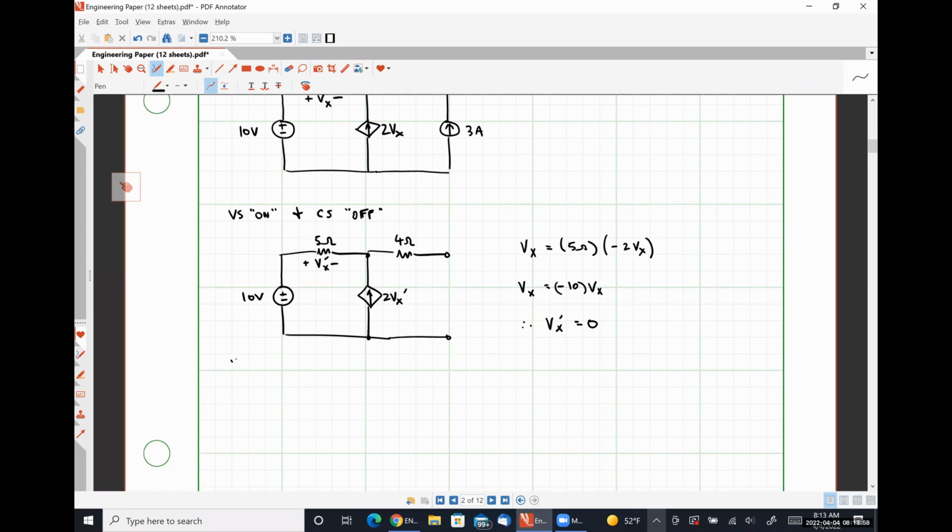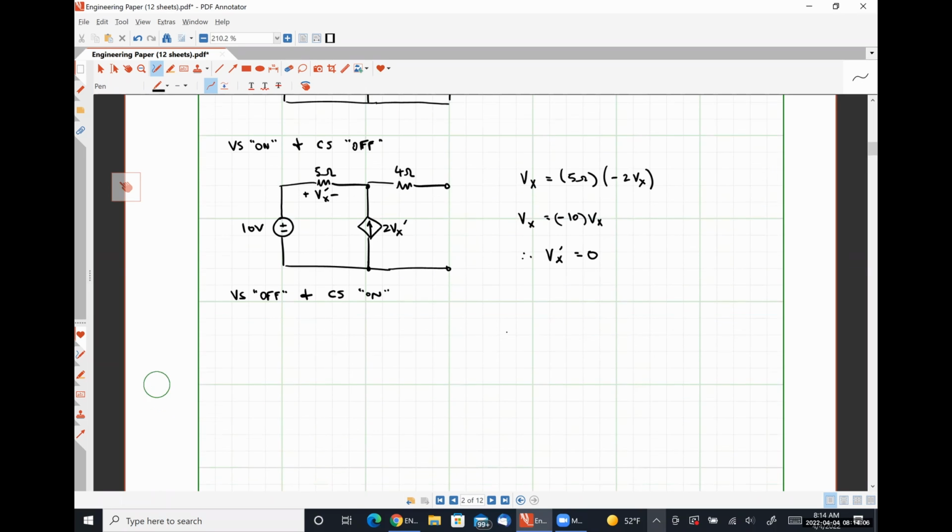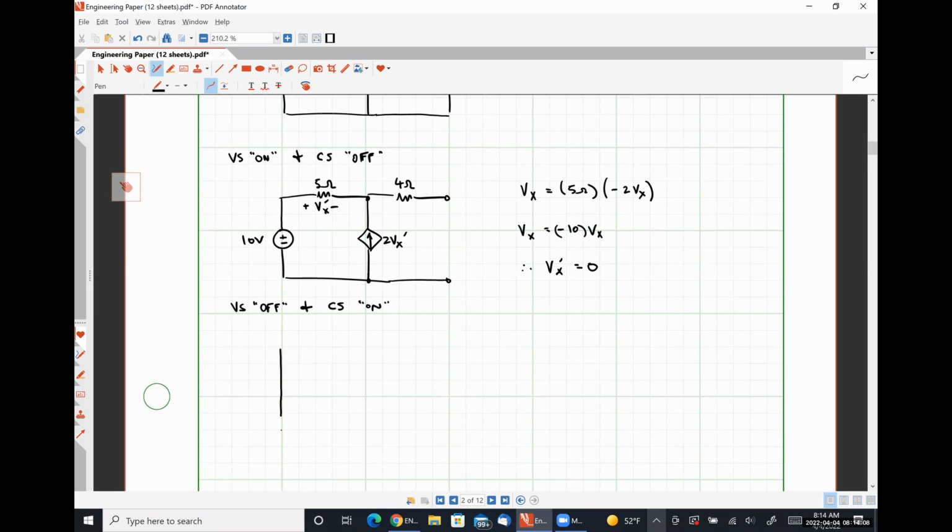With the voltage source off and the current source on, our 10-volt source would look like a short circuit. Here's our 5 ohm resistor, and let's call this Vx double prime.